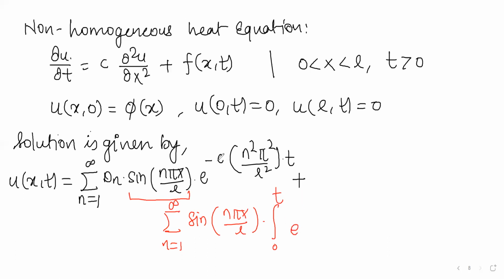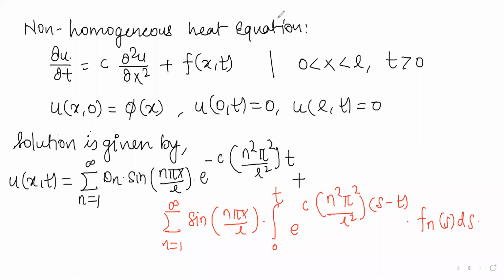And then e power, no more minus sign, it will be just c, and then n square pi square upon L square, and no longer t, it will be some s minus t. And then I will have here fn of s ds. Okay. Don't worry, each and every term will be narrated so you understand better.